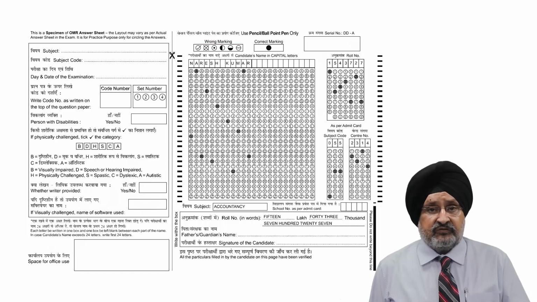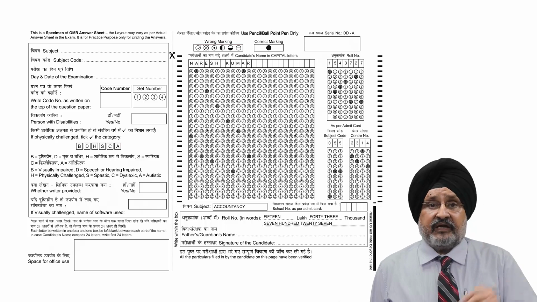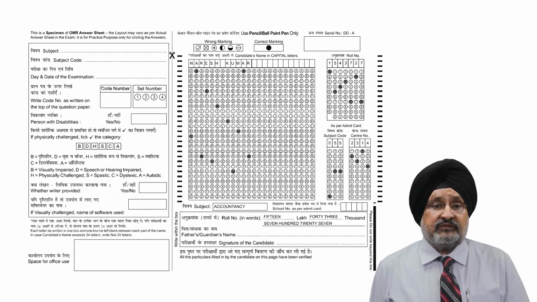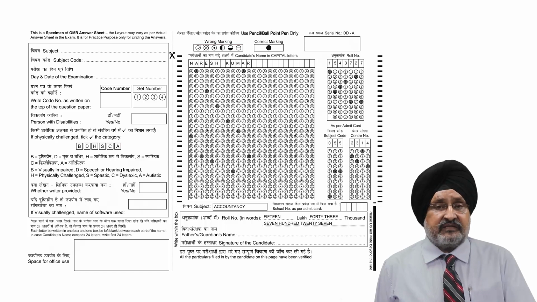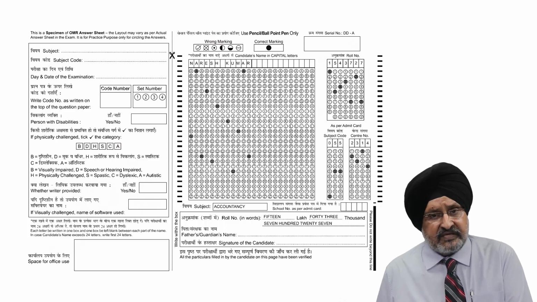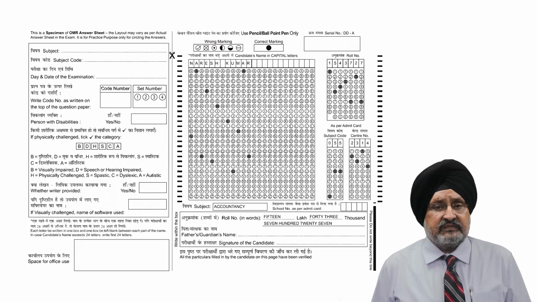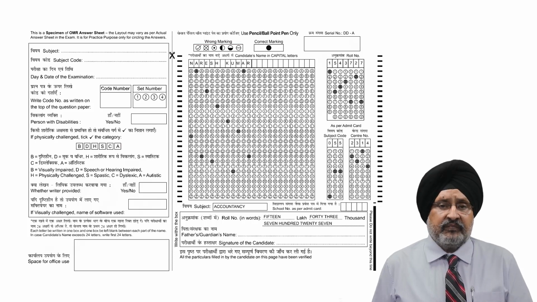On the left side, you have to write the subject, subject code, day and date of examination, and various other information. On the right hand side, you will find many small circles. This is the OMR sheet.